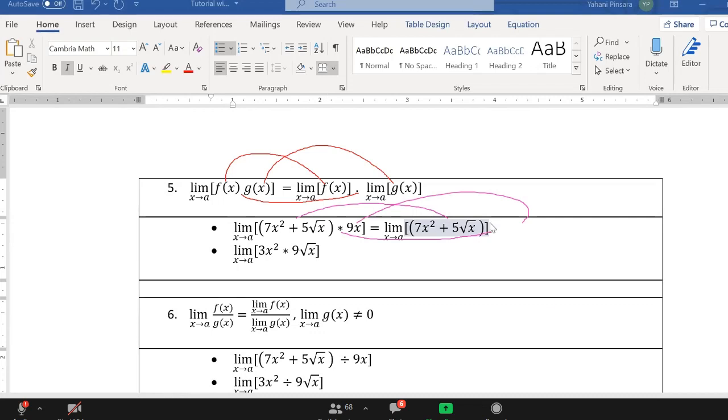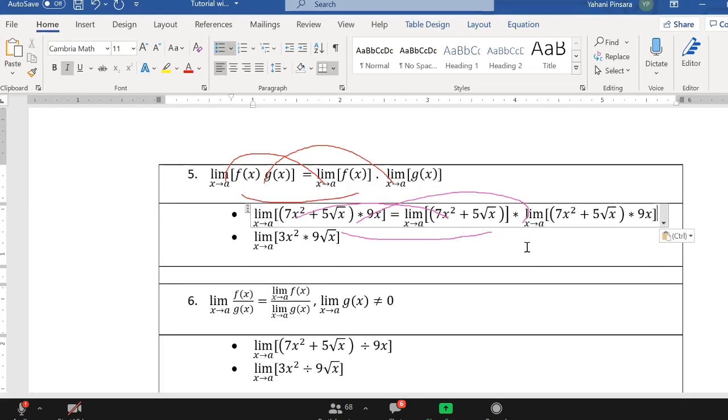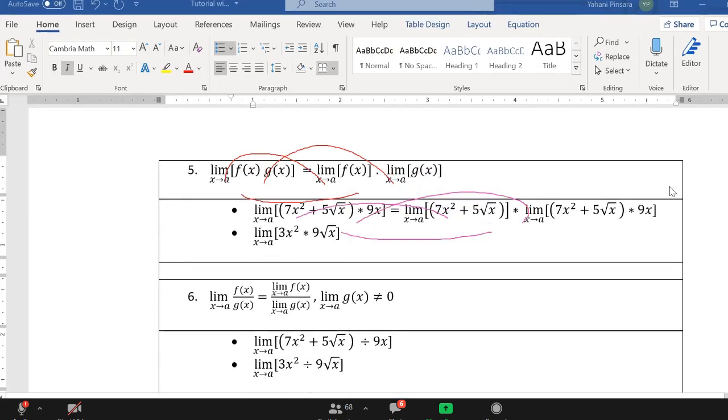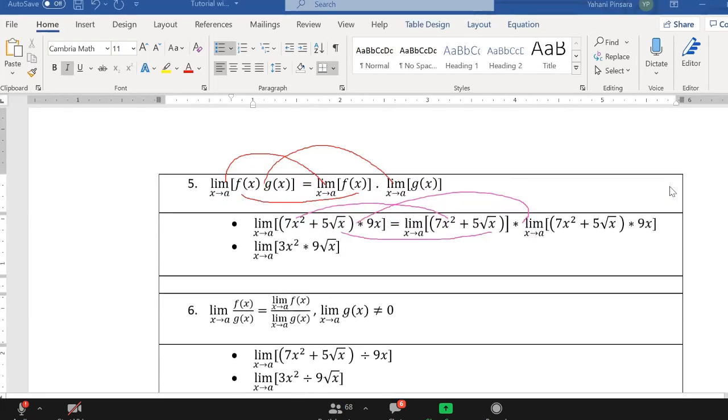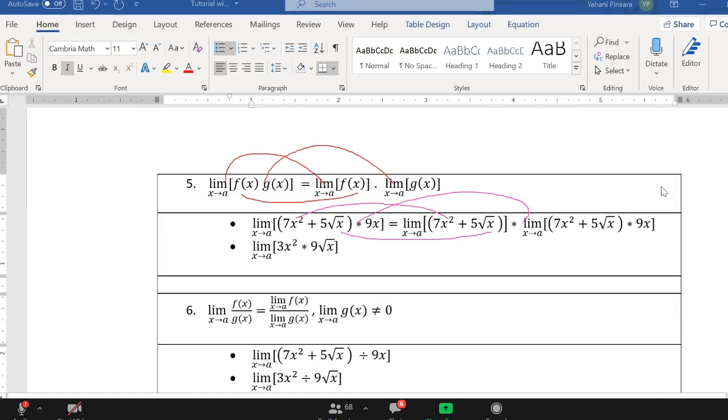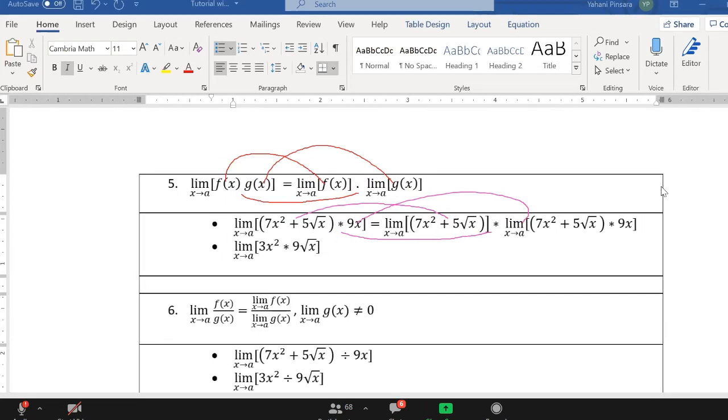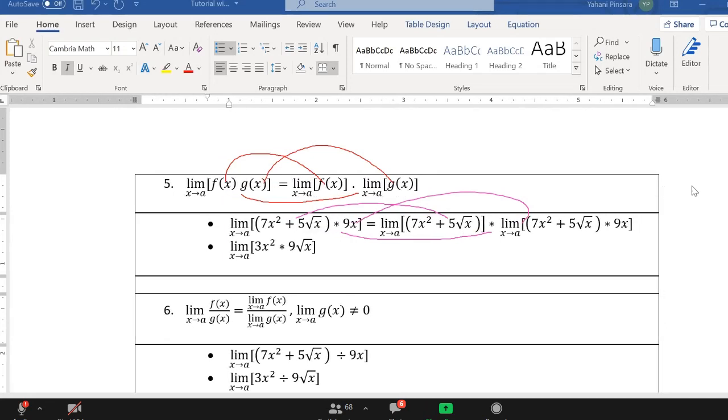So here multiplication. So you have to take 9x here, right?